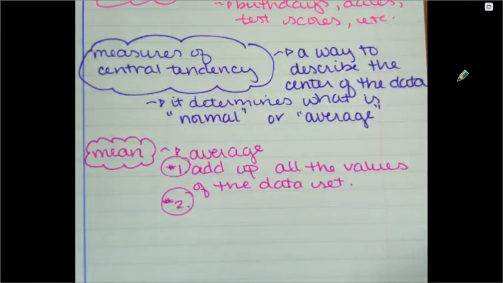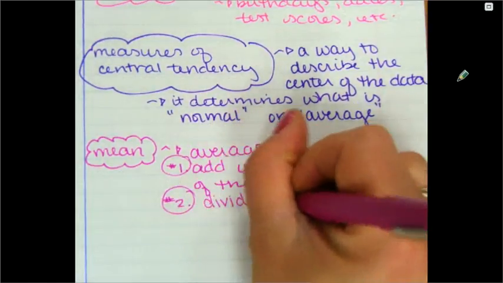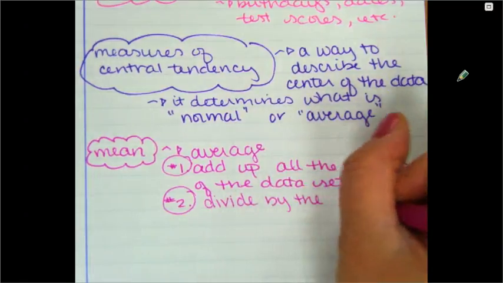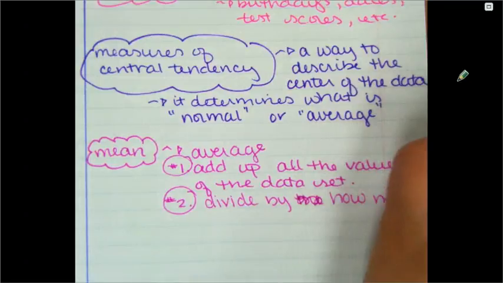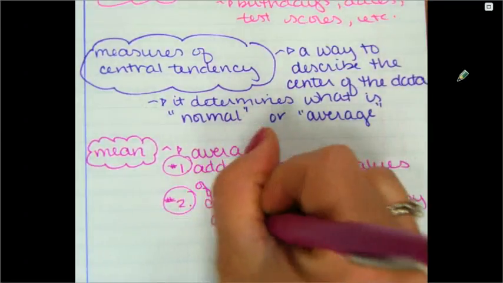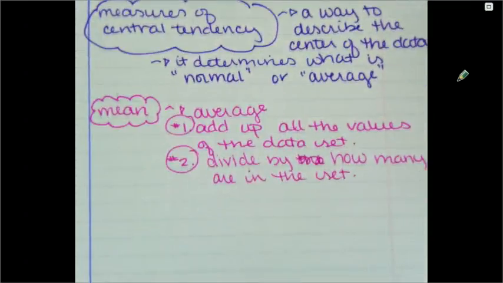And then 2. Divide by what? Divide by how many are in the set. So if there's 10 numbers, we divide by 10. If there were 6 numbers in there, we divide by 6.